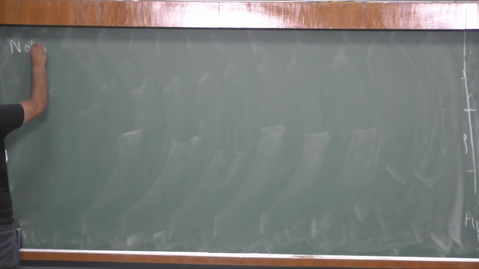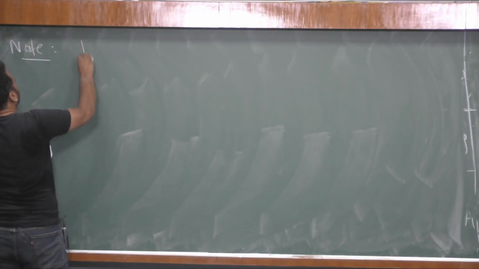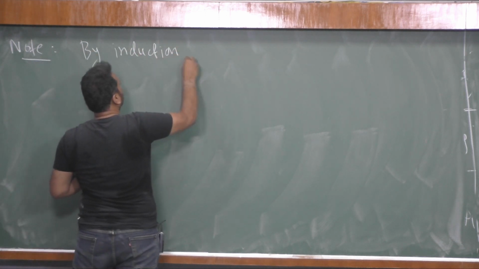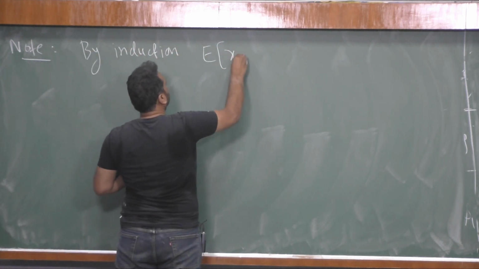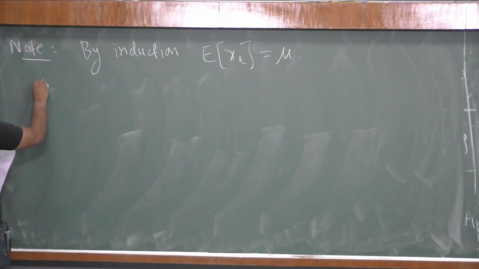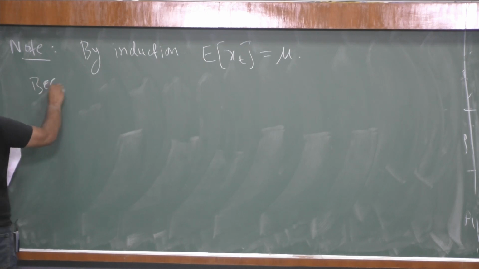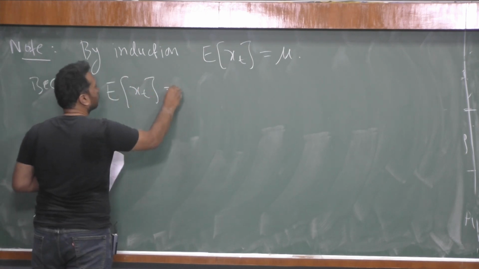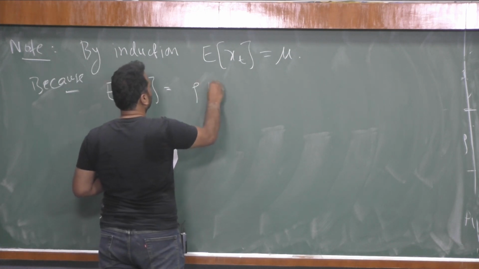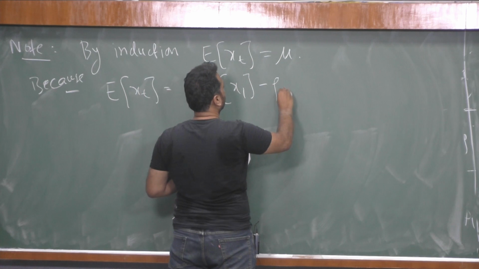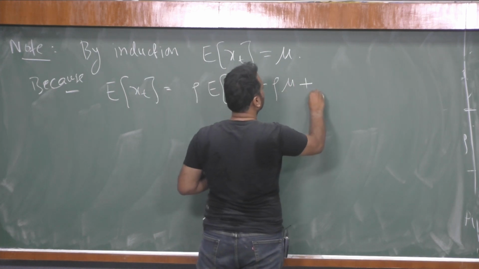So note, by induction, expectation of xt is mu, and this is because expectation of xt is rho expectation of x1 minus rho mu plus mu.